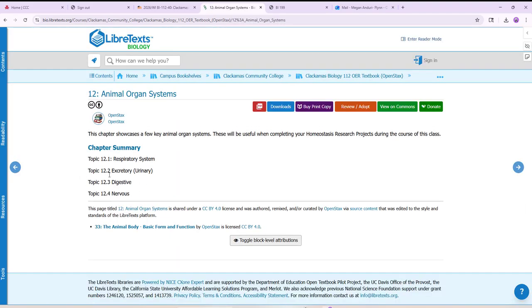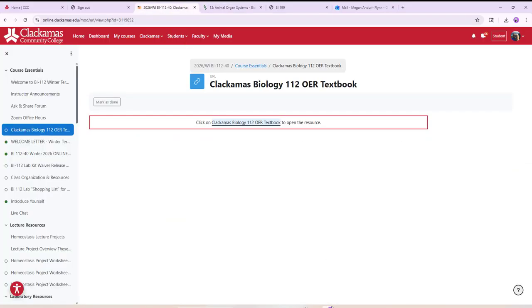And then you can look under the digestive system. So that's an option for you if you're having trouble with any of the parts of the homeostasis homework.